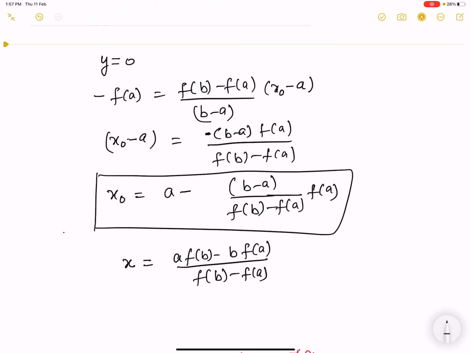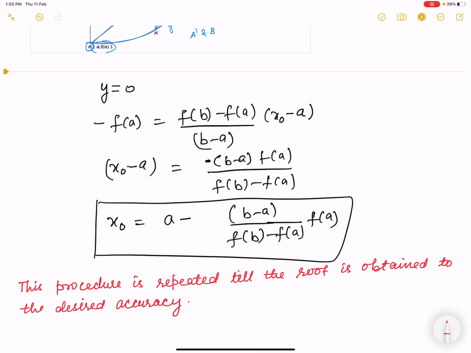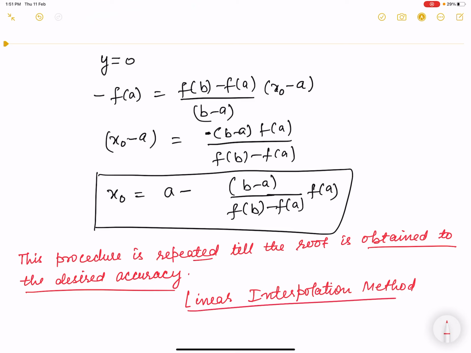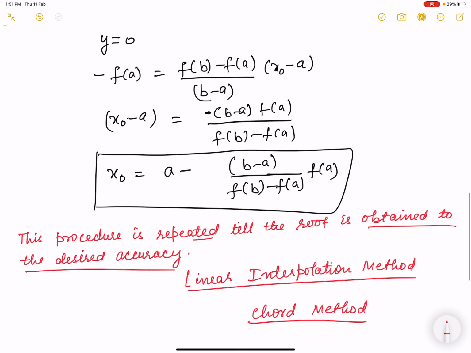Now we are ready to use this formula for all the iterations. This procedure is repeated till the root is obtained to the desired accuracy. This method is also called the linear interpolation method, or chord method, because we are using a chord joining the 2 points.